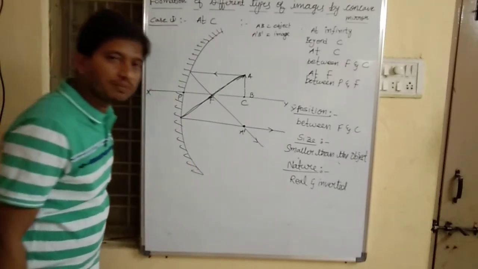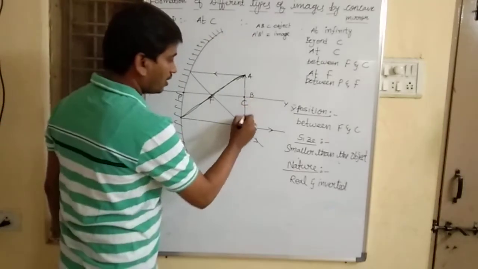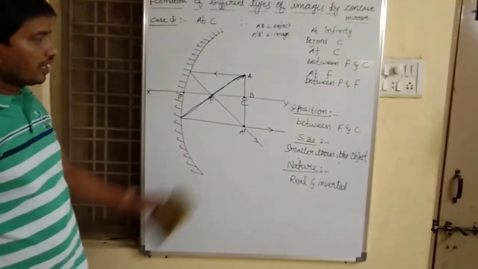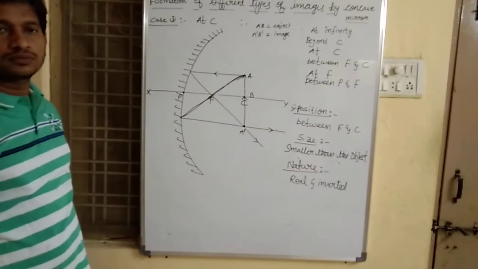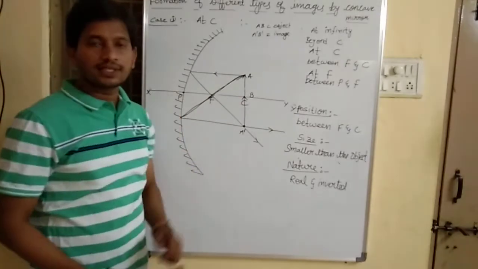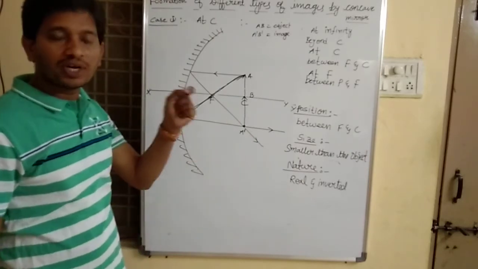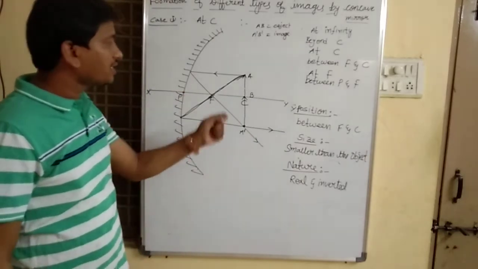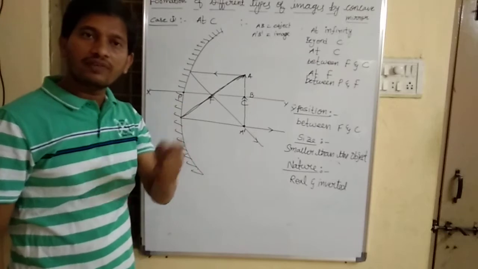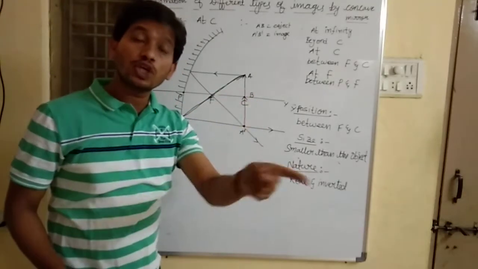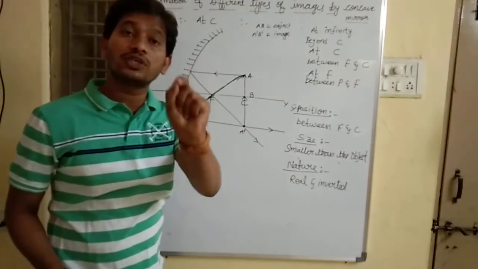To get the complete image, we have to draw a perpendicular to the principal axis. You can observe here, which is an important case. When we place an object at the center of curvature, the image is also formed at the center of curvature only.